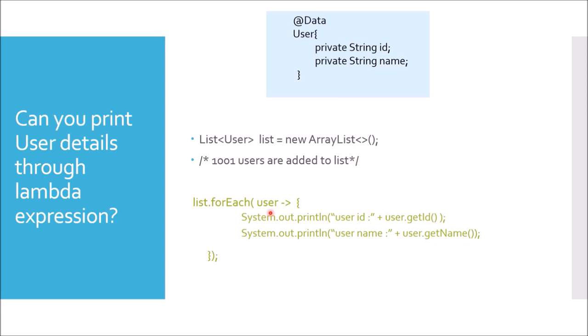Now you can see we have multiple statements, to print the ID and to print the name. So we can use System.out.println("user ID = " + user.getID()) and System.out.println("username = " + user.getName()). So you can see here, in order to have multiple statements, we are using this bracket, and each statement is separated by a semicolon.